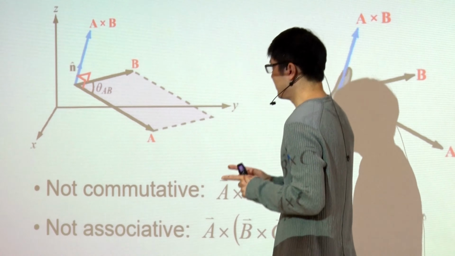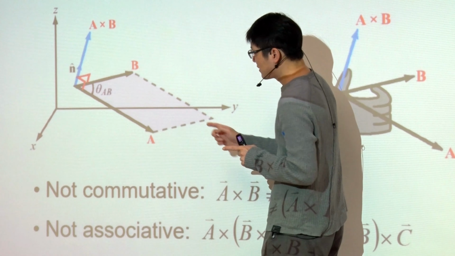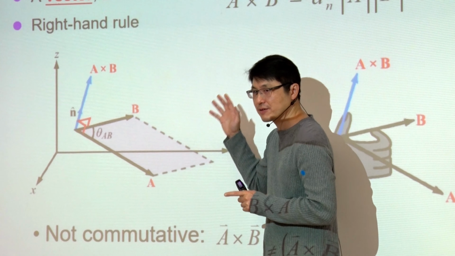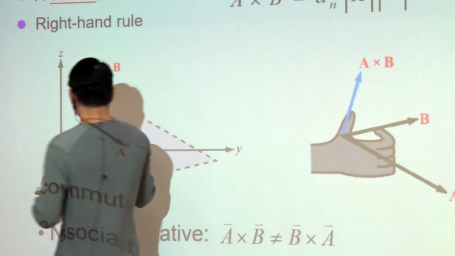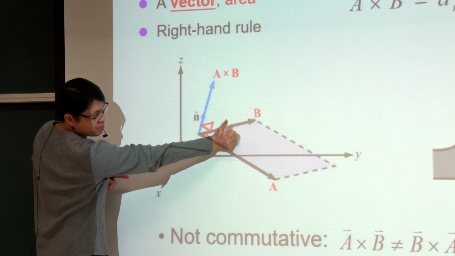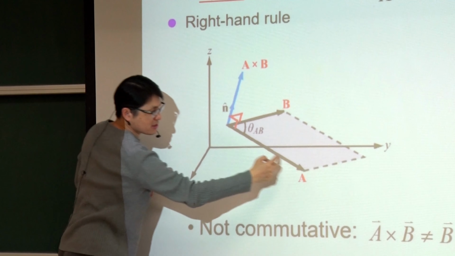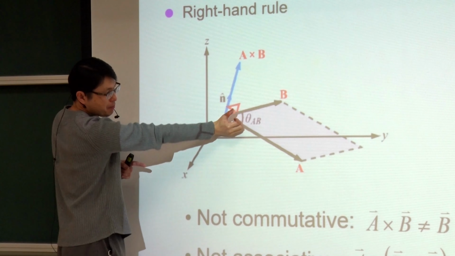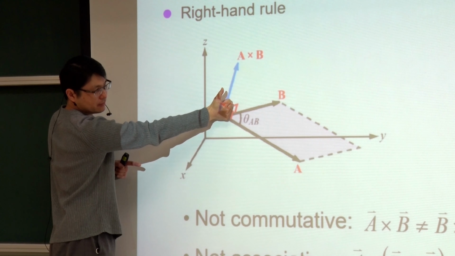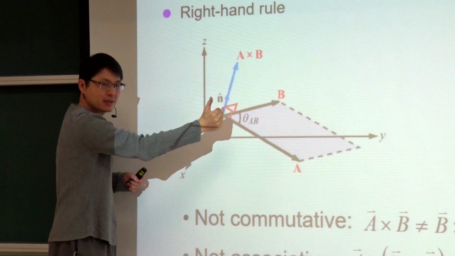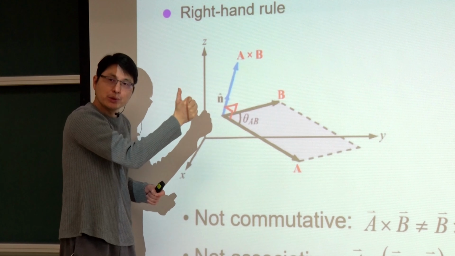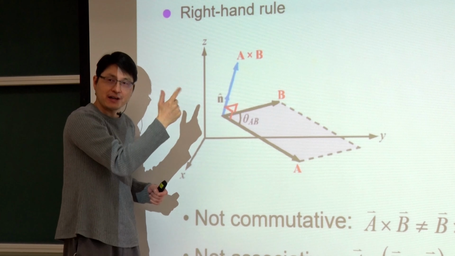In electromagnetics, area is a vector. So A cross B has this area, but then you have the direction, and this direction is very sensitive to the order of the vectors.